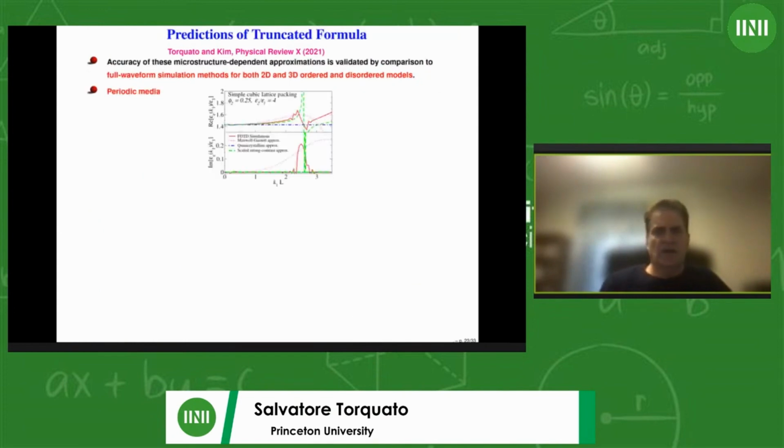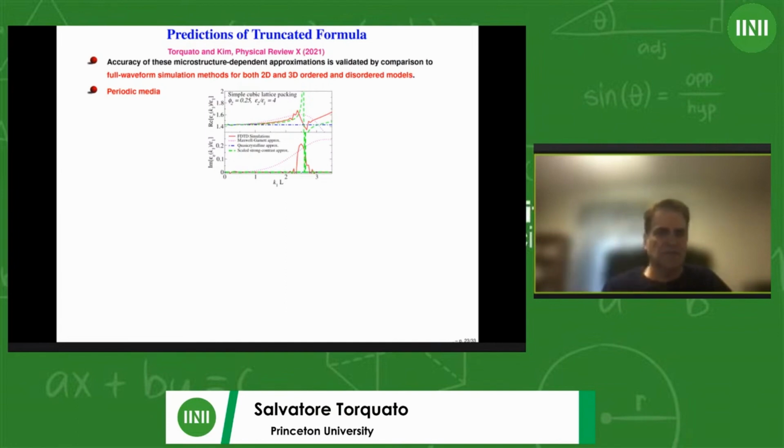Okay, so the first thing that we did here was we tested it using FDTD calculations for simple cubic structures to show how the prediction compares to the simulations. And we also compared it to the Maxwell-Garnett quasi-crystalline approximation.